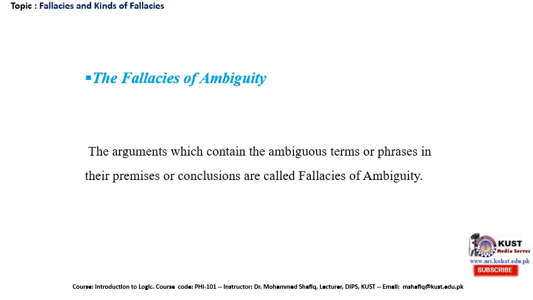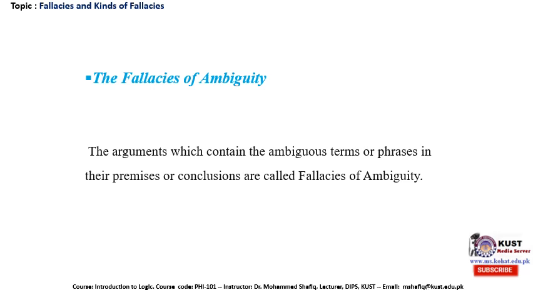This is the kind of fallacy in which a term or a phrase is used in a different sense due to the order of the words or punctuation marks, which can obviously change the whole meaning of the phrase or statement and also can mislead us.